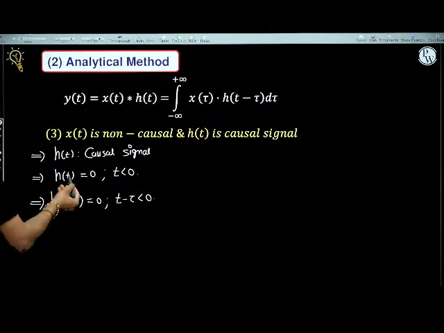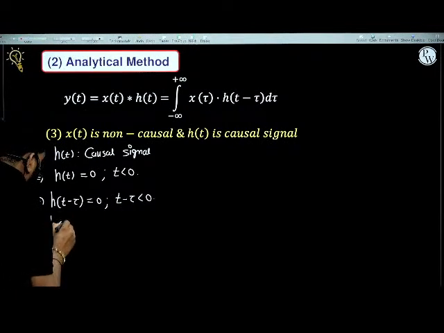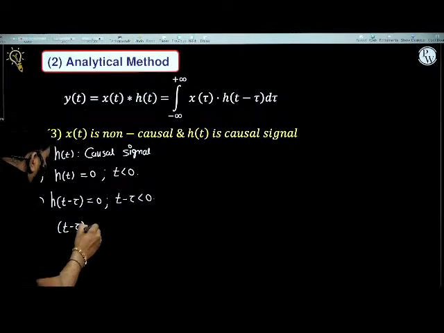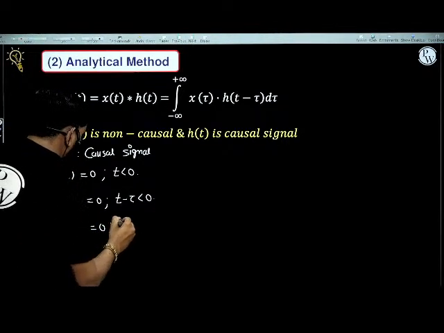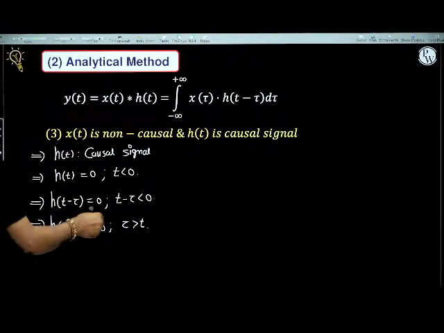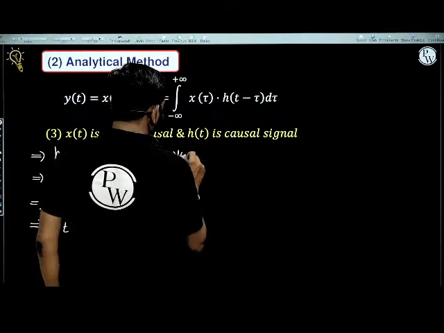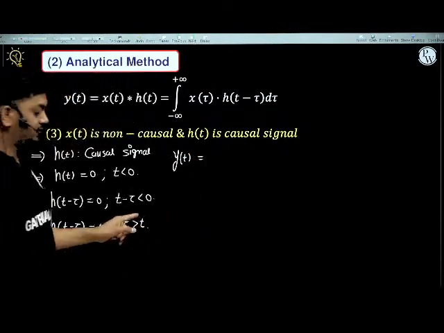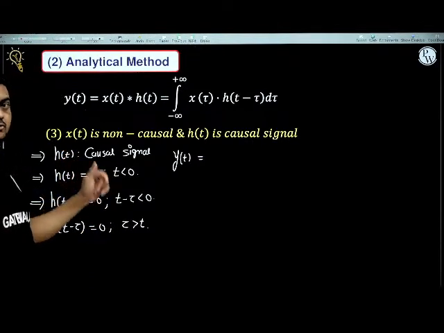Left hand side t becomes t minus tau, right hand side also t becomes t minus tau. So h of t minus tau is 0 for tau greater than t, guys. So again we can split this integration in two parts. Tau greater than t, so minus infinite to t and t to infinite.